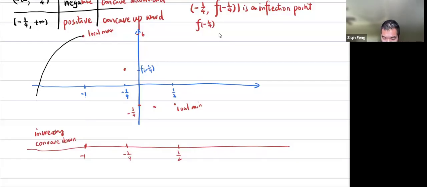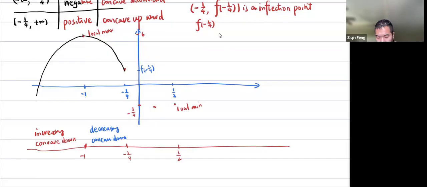And from -1 to -1/4, the function goes from increasing to decreasing, but still concave downwards. So if you sketch the graph, it looks like this, right?